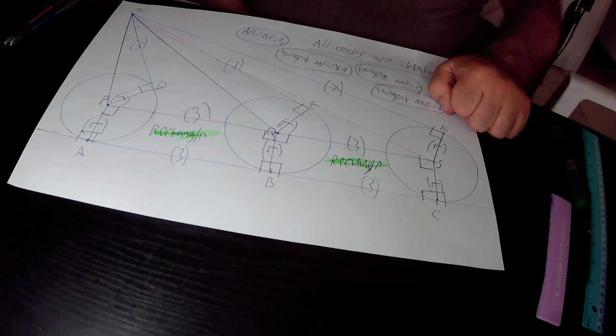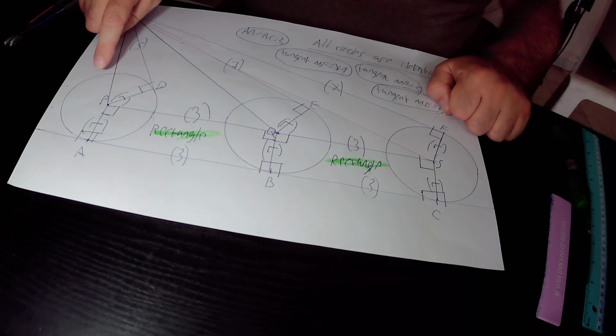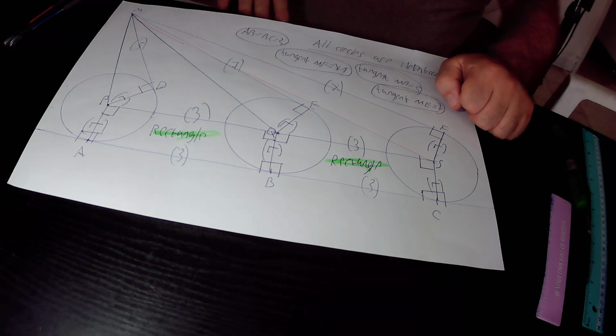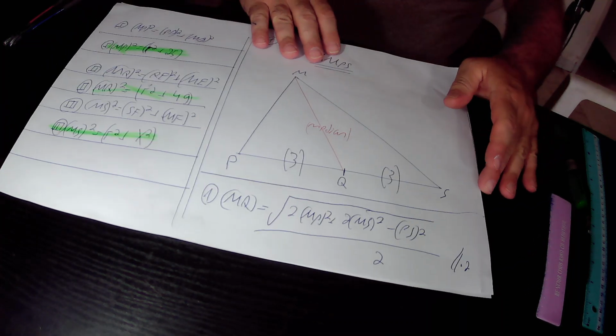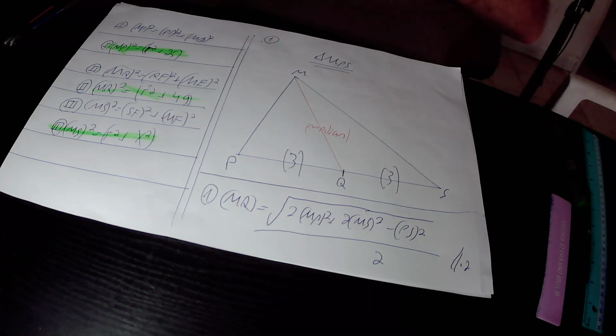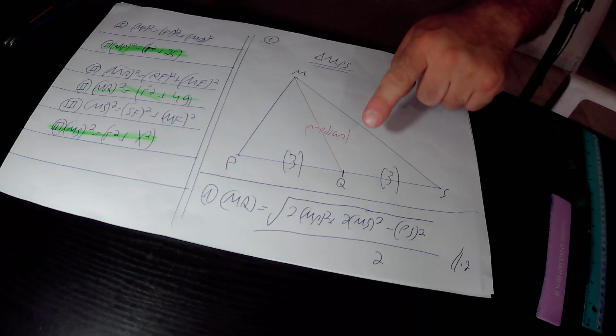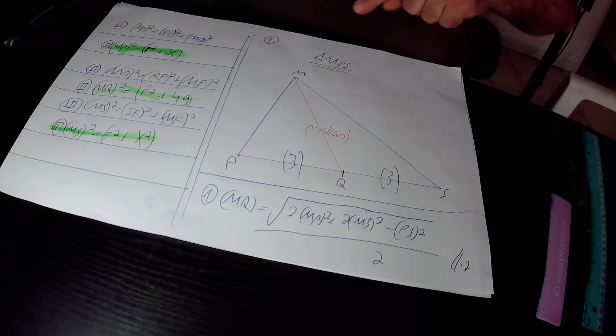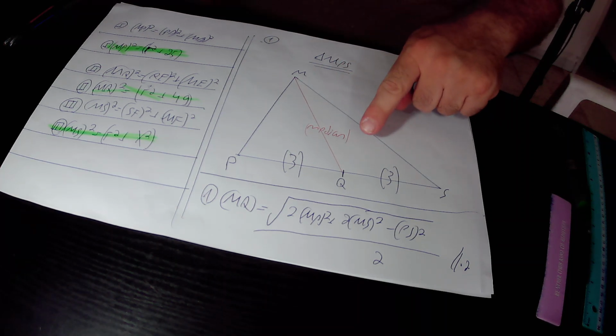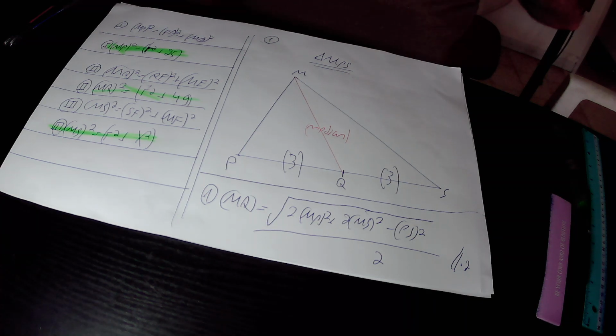In the next step, I copied this big triangle PMS onto a new page to analyze it. This is the big triangle PMS that I copied from the original drawing. This is line segment MQ. The red line is line segment MQ, which is defined as a median of this triangle MPS.